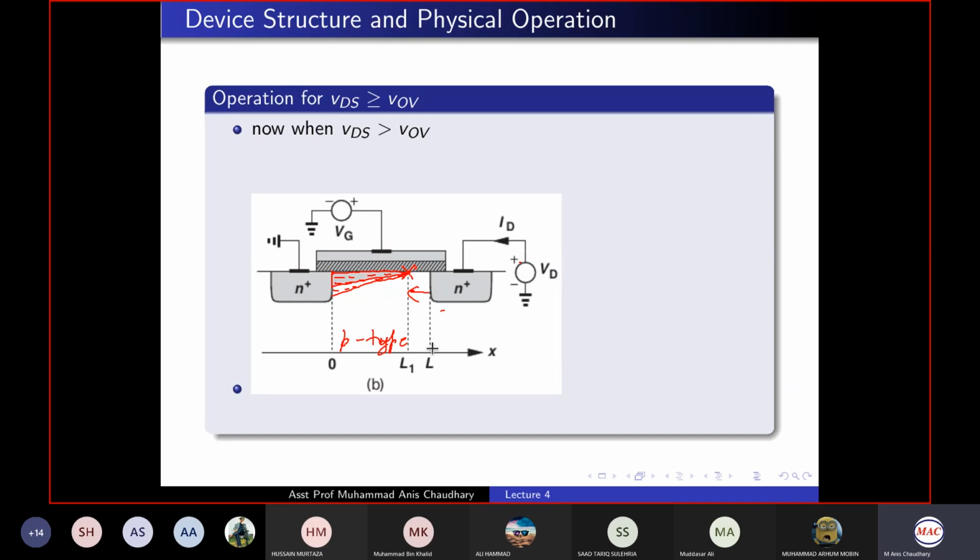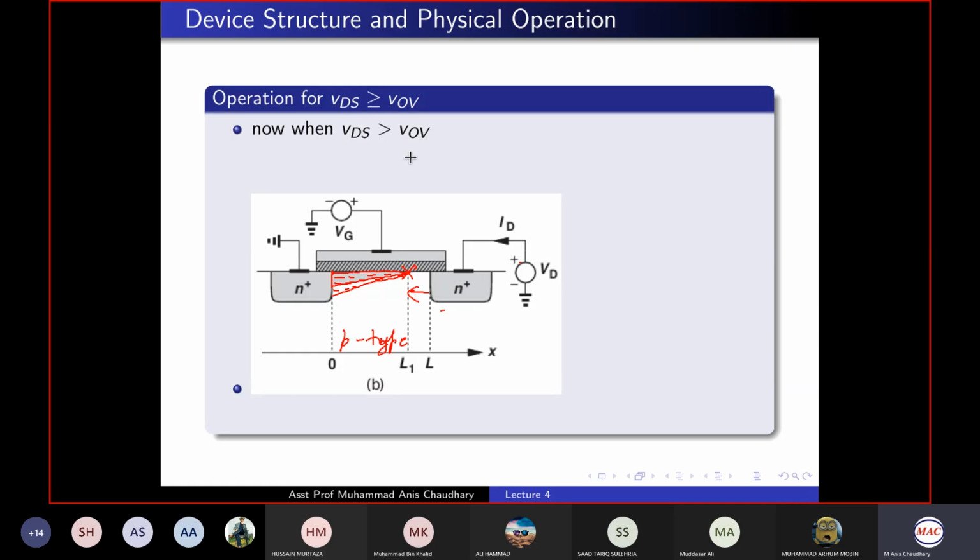So what I'm emphasizing here is that although the pinch off point has shifted towards left, that will still enable the flow of the drain current, because the electric field developed across the reverse biased PN junction formed between the P type substrate and the N type drain, which is VDB, the drain to body voltage, is still enabling these electrons to move into the drain, forming the drain current.